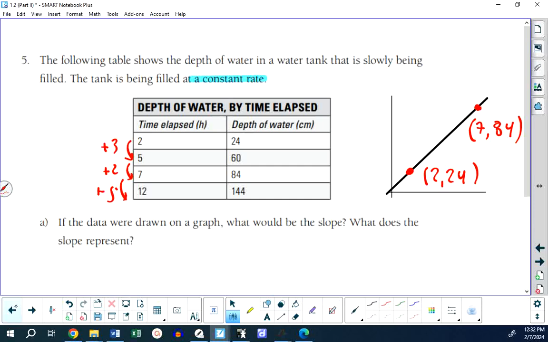How do we find the slope here? We're going to take y minus y over x minus x. So your slope would be 84 minus 24 over 7 minus 2.